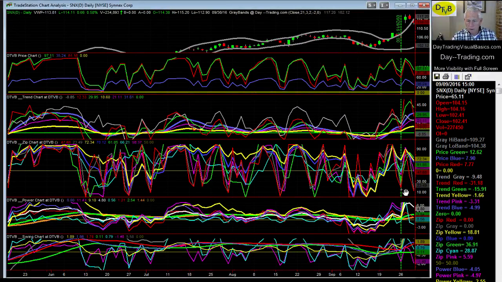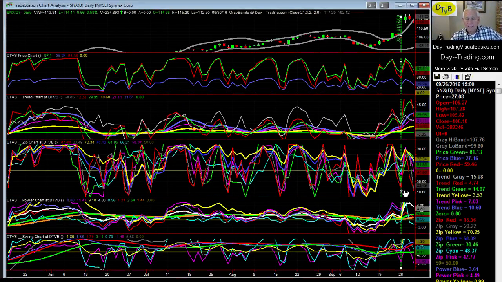Zip red, gray's at 0, I guess blue is at 0 as well, and pink is at 5. So we do have 4 of them that are very low. Oops, I'm reading that wrong. I forgot to press the button. That's none of that's true. They're zip red's at 18, gray's at 20, and green's at 30, and zip Zion's at 48, pink's at 42.